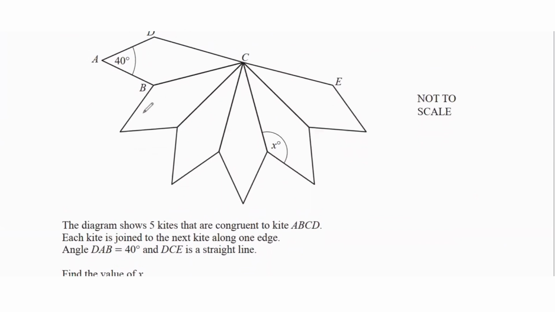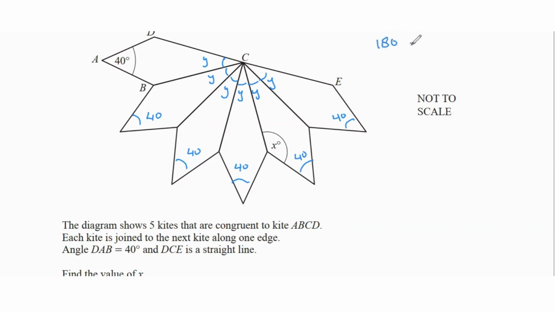Since they're congruent, that means all of these angles are 40. And let's say all of these are y. Why? Because the kites are congruent, so the angles are going to be the same. And since DCE is forming a straight line, we can add up all of these angles and put that equal to 180 to find the value of y.